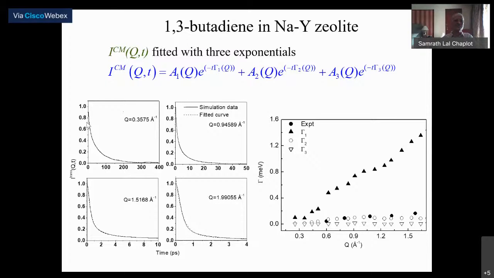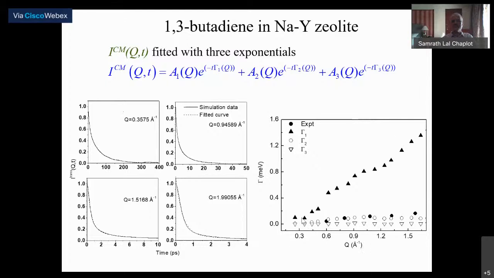It's obviously a decay function. It has to decay with time because it's stochastic in nature. However, this could not be fitted with a single exponential function; rather, you need to fit with at least 3 Lorentzian functions with certain amplitudes.